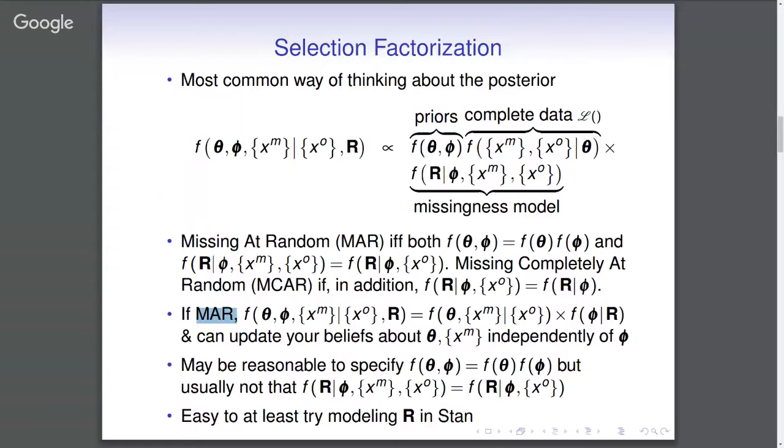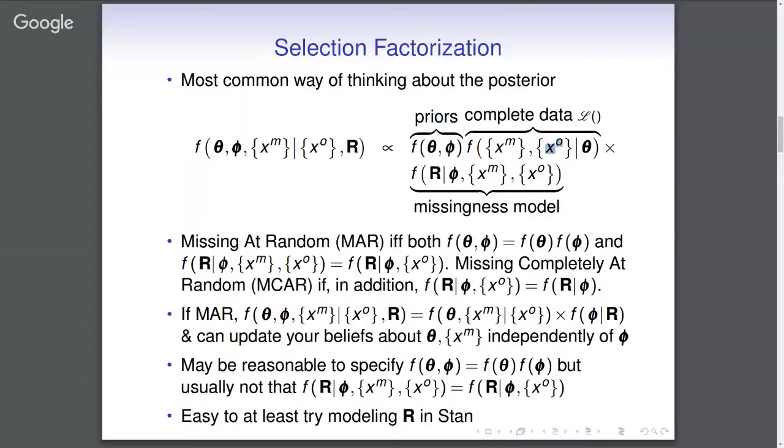If the data generating process is missing completely at random, then you could just do a model with theta and XO. And so that's what making these really strong assumptions buys you.